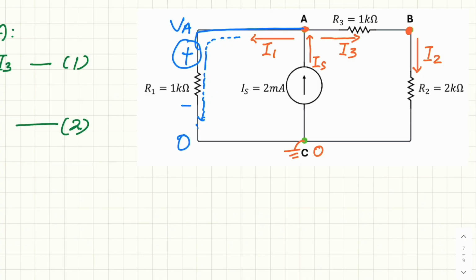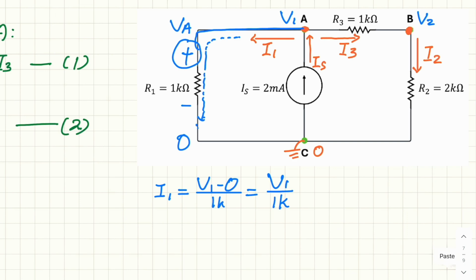So we can say I1 is equal to VA, or V1, because now we can mark the voltage at A as V1 and the voltage at B as V2. So this is V1 minus 0 over 1K, or just V1 over 1K.